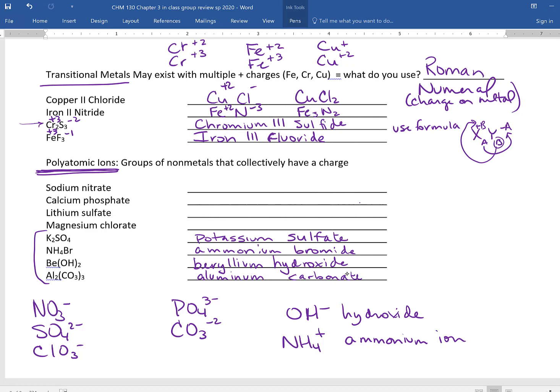So if you're given the name and you have to figure out the formula, you do have to use those charges to be able to figure out the ratio. And so that's where having the name, the formula, and the charge with those.